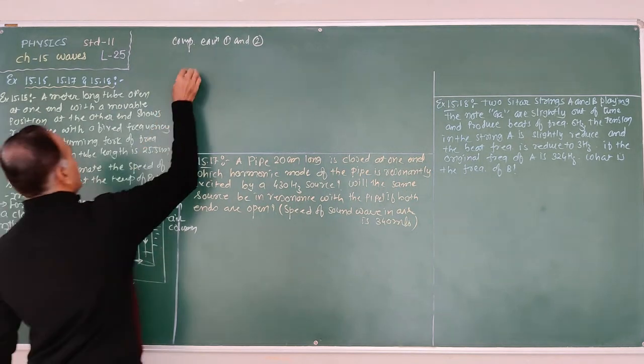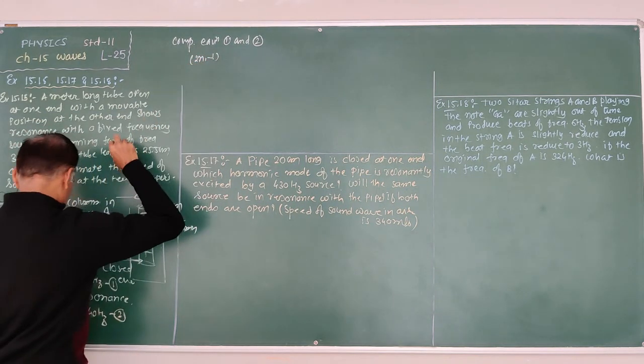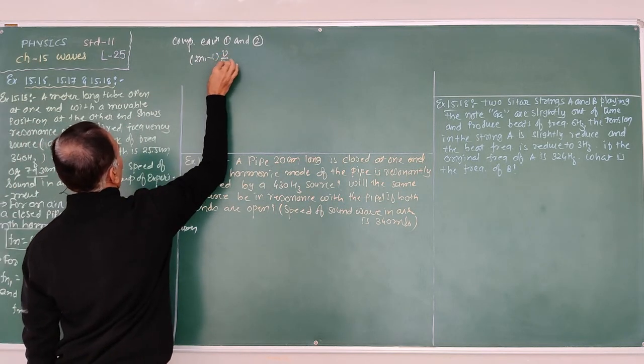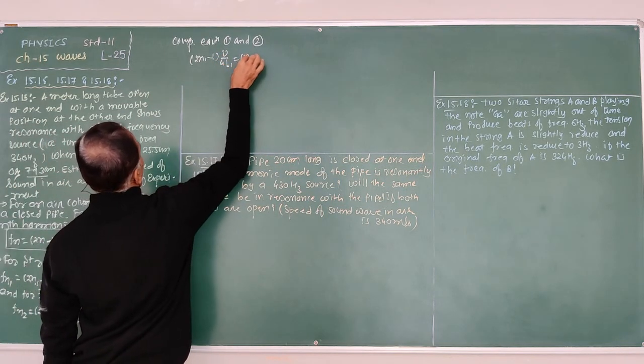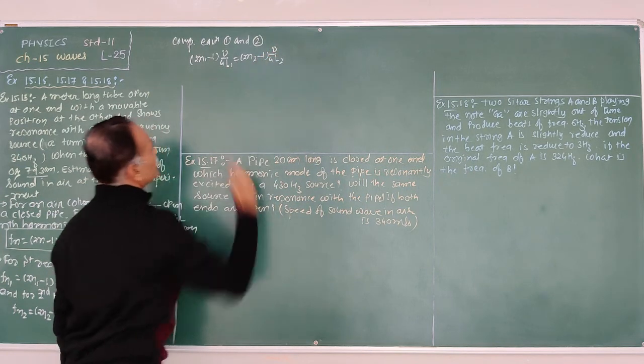Therefore, (2n1 minus 1) into V upon 4L1 is equal to (2n2 minus 1) into V upon 4L2.